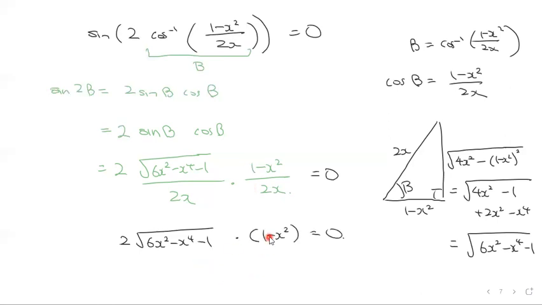But the only way the numerator equals 0, well, 2 can't equal 0, is if this is 0 or if this is 0. And the only way the square root equals 0 is if the thing under the square root equals 0. So we've now really boiled it down to these two equations equaling 0.